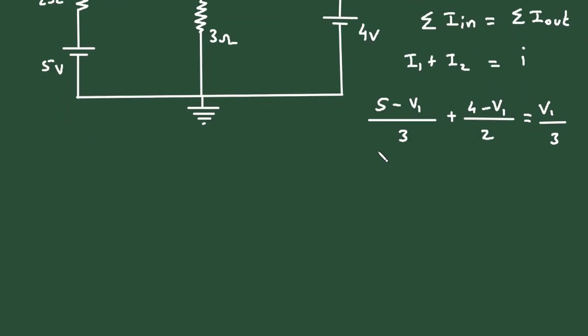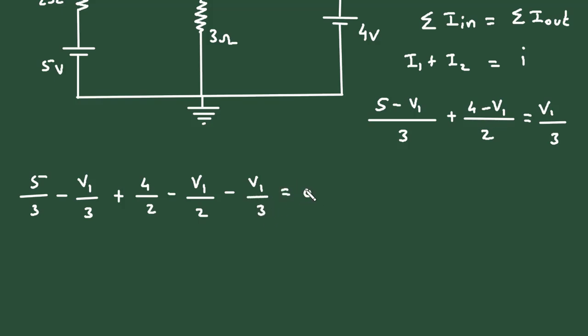Let's simplify this. So it will be 5 divided by 3, then minus V1 divided by 3, then plus 4 divided by 2, then minus V1 divided by 2. Then if we take this on the left side, minus V1 divided by 3 is equal to 0. Now let's take V1 common.